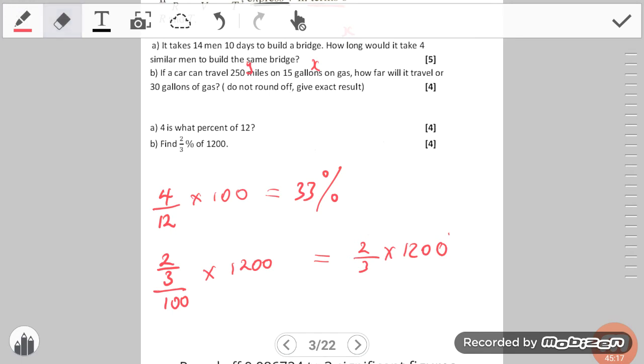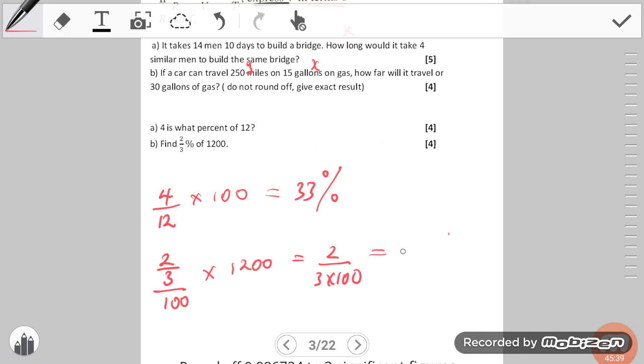So let's do it both ways. So 2/3 divided by 100 times 1200. What we're looking at here is that the 3 is a denominator and the 100 is a denominator. So we're saying here that's 2 divided by 3 times 100. We just make common denominators and multiply them.